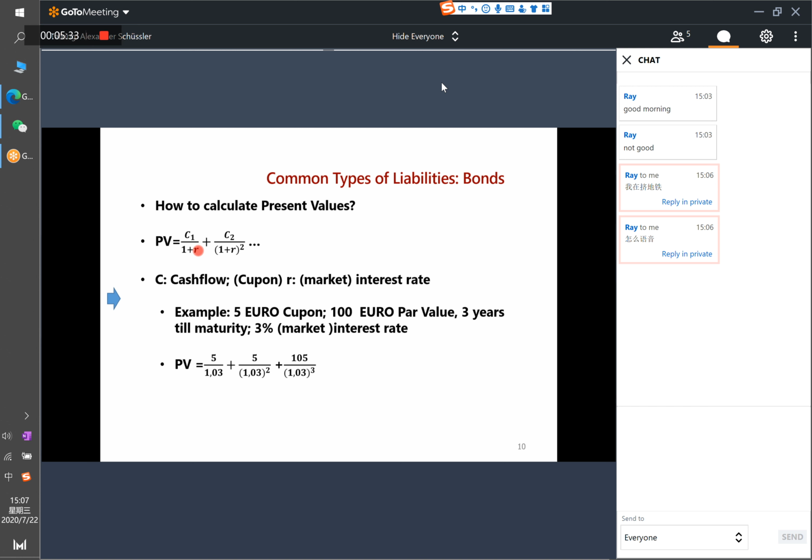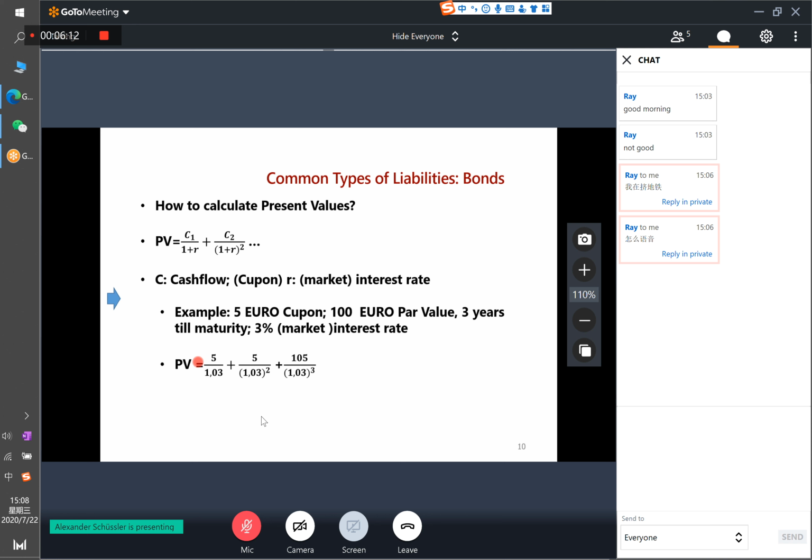We apply this present value formula to this bond, and we have to discount all these cash flows to the present. Then if we calculate this equation, we get the present value of the bond. Does that make sense?